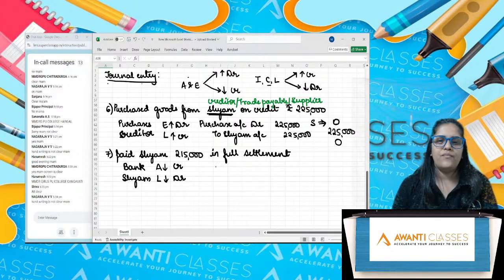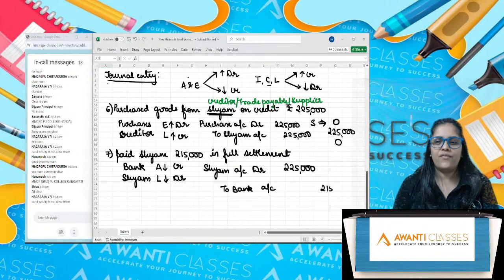Okay, so journal entry: Shyam account debit. I have to pay Shyam 2,25,000. But we are paying only 2,15,000. So there is a difference of 10,000 on the credit side.